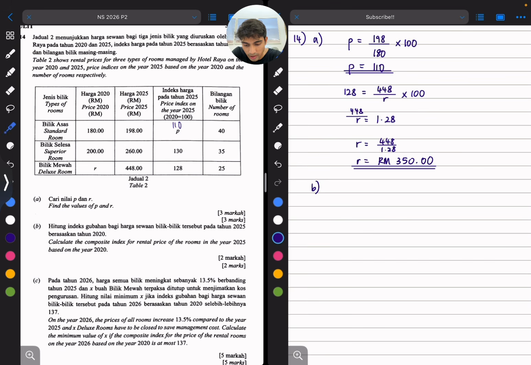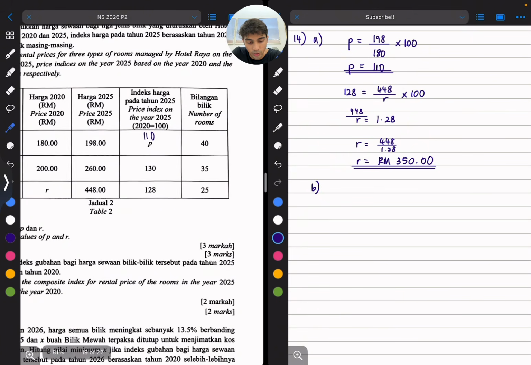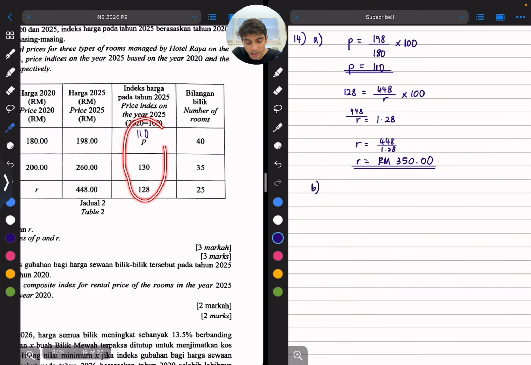B. Calculate the composite index for rental prices in the year 2025 based on the year 2020. Okay, so for the composite index, we have all the indices and all the weightages. So we can easily find the composite index: it is the sum of index times weightage divided by the sum of weightage.